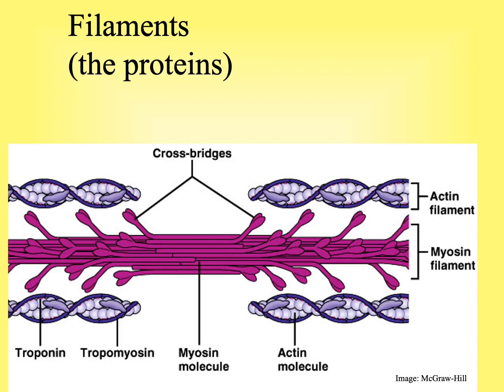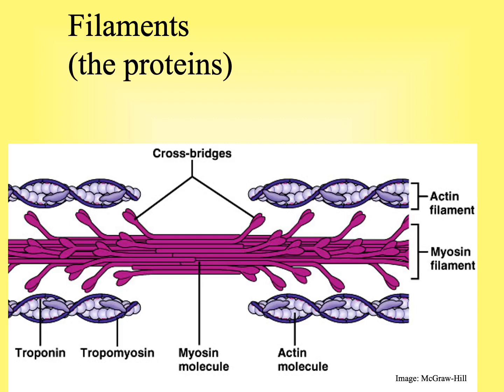Wrapping around the actin are the two regulatory proteins, the troponin and the tropomyosin. The actin itself is a string of globular proteins where there is a binding site on each of the globular proteins. Each binding site will correspond to a position for the myosin head to attach to.